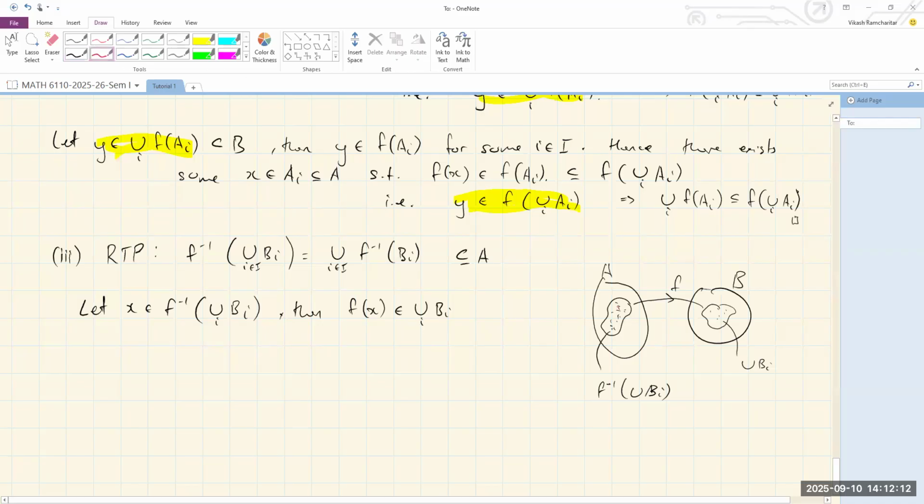Okay, so this element here, that's x. So when I apply f to x, it's going to land inside of this set, which is a union of the Bi's. Now, if f of x belongs to the union of the Bi's, you can let f of x equal y or something, but we don't need to.